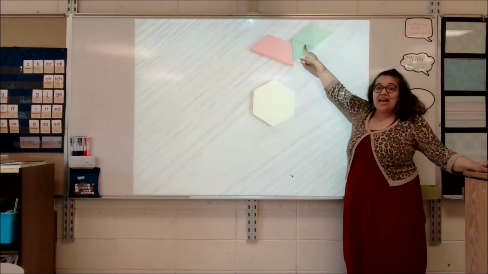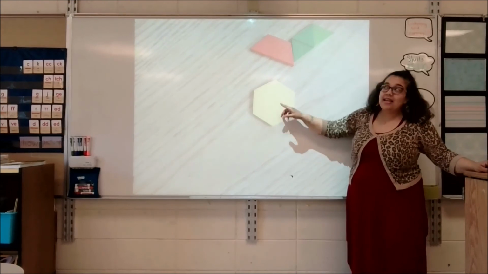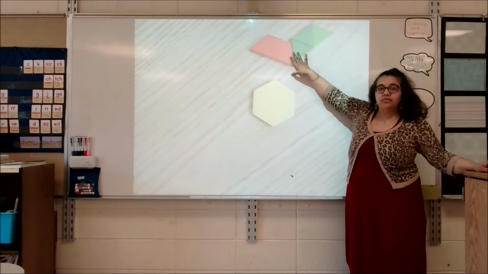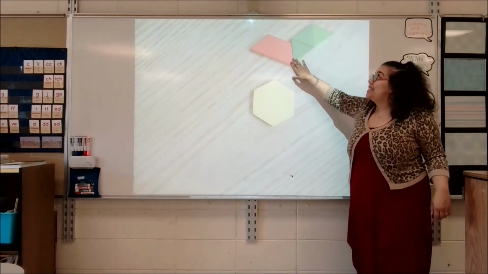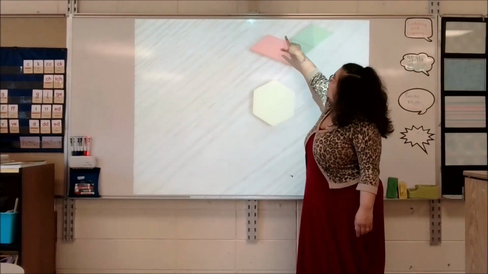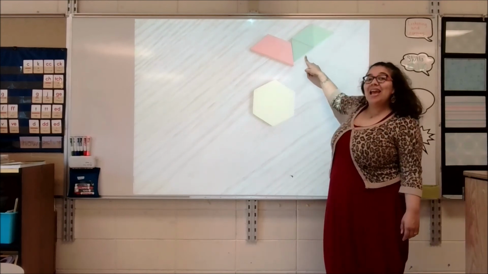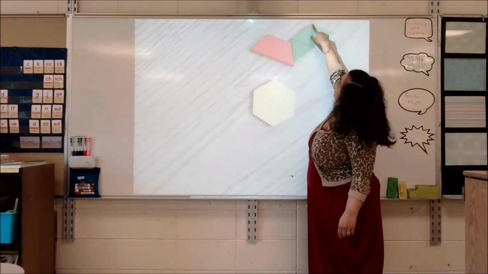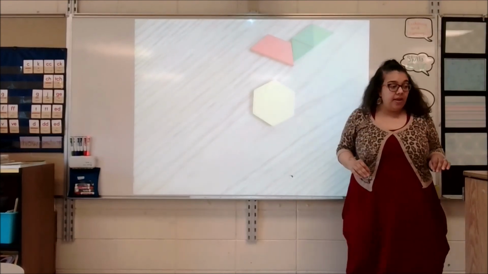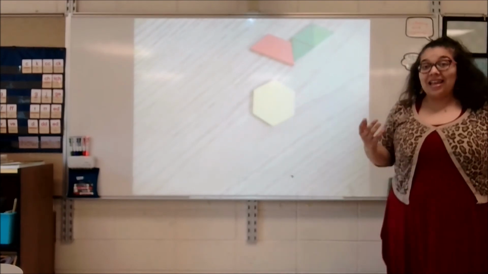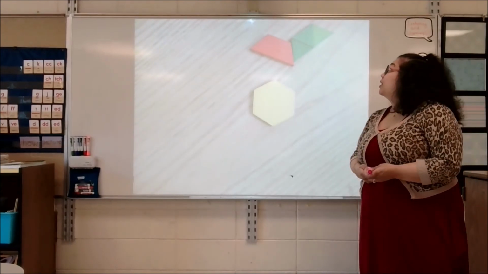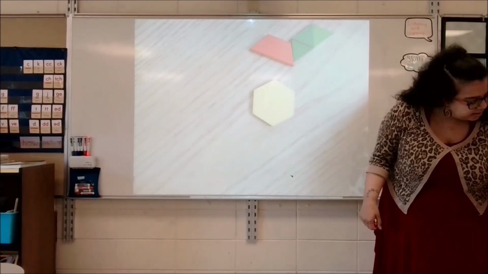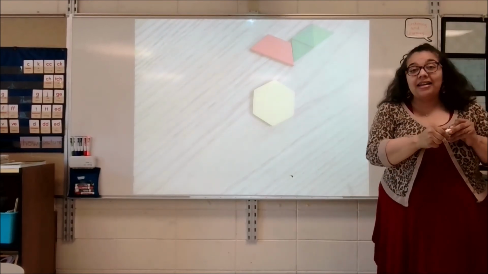Is this still a hexagon if it doesn't look like that? Yes, because it has 6 sides, 1, 2, 3, 4, 5, 6, and 6 corners, 1, 2, 3, 4, 5, 6. A 6-sided shape with 6 corners is in fact a hexagon, even if it looks more like a plane. Right now it's kind of like a V-shaped plane. Yes, that is still a hexagon.